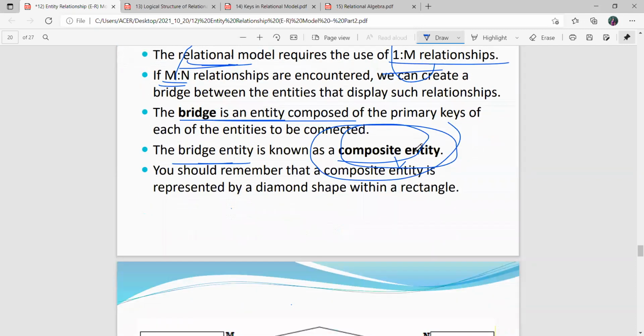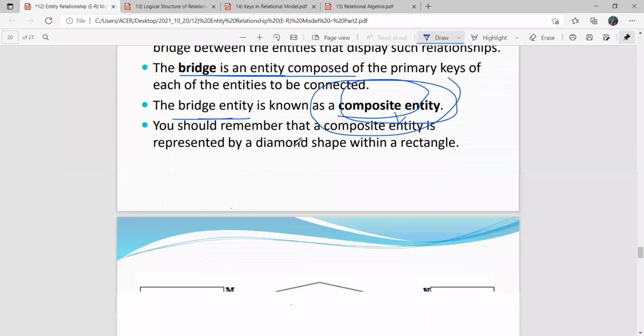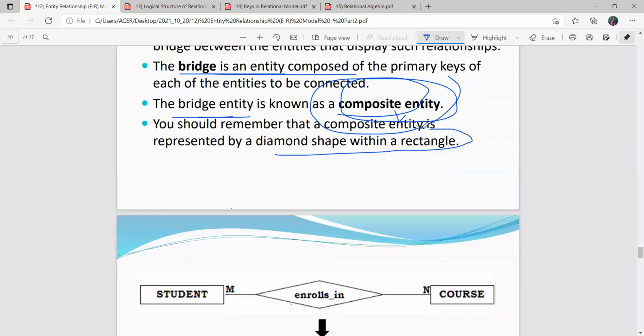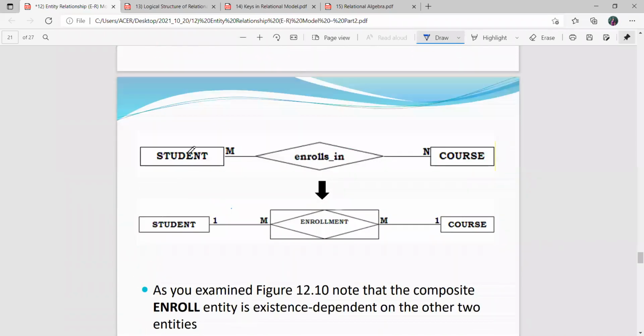So the composite entity can be represented by using a diamond shape within a rectangle. So you can see a student enrolls in a course. This is a many-to-many relationship. So to represent this, it is needed to convert it into one-to-many relationships.